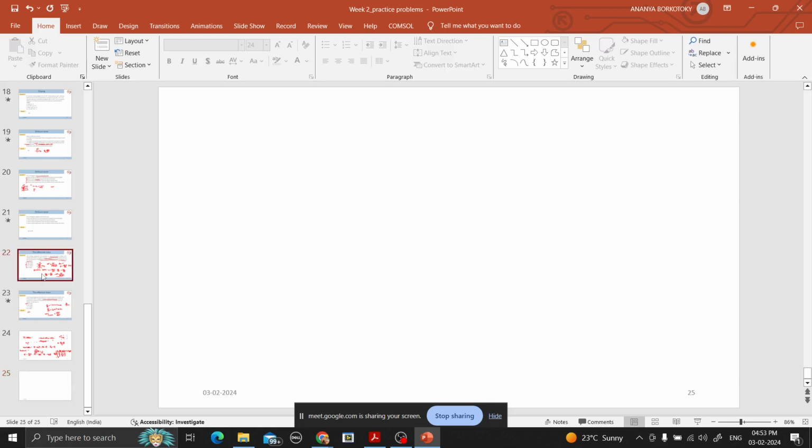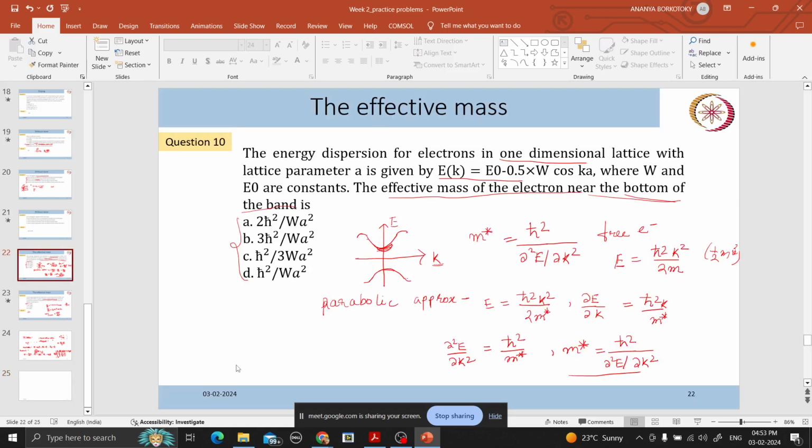Okay, in the last class a few of you told me that you work on 2D materials, right? For example, here the E-k relation, we have taken the double derivative. So if the E-k relation is linear, say for graphene, can we use the parabolic approximation?